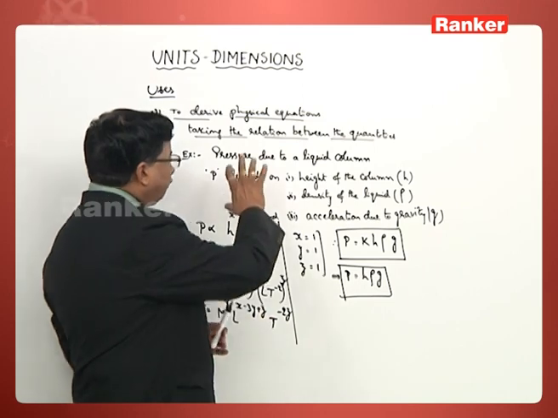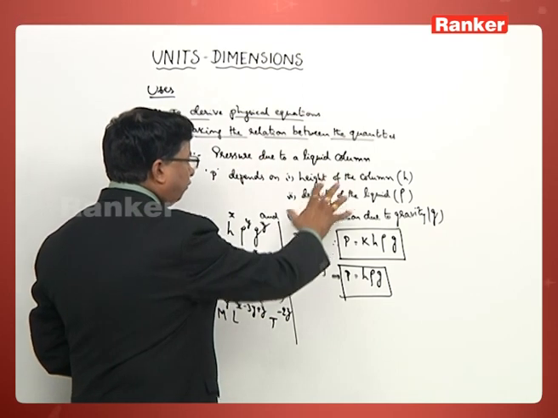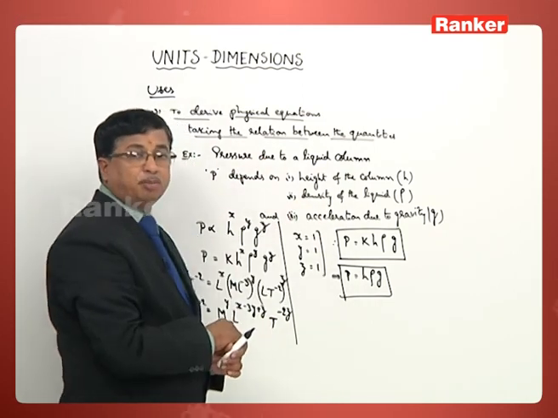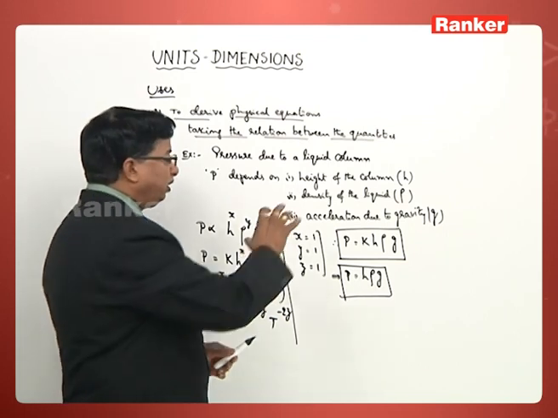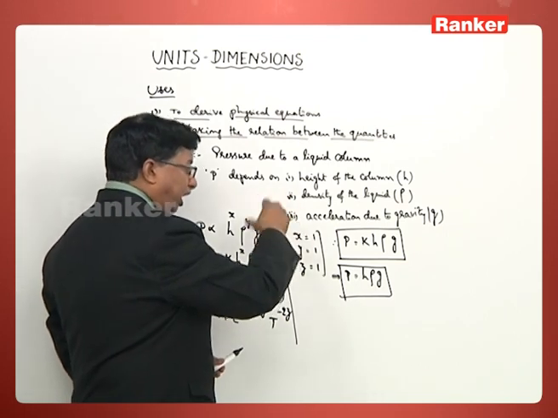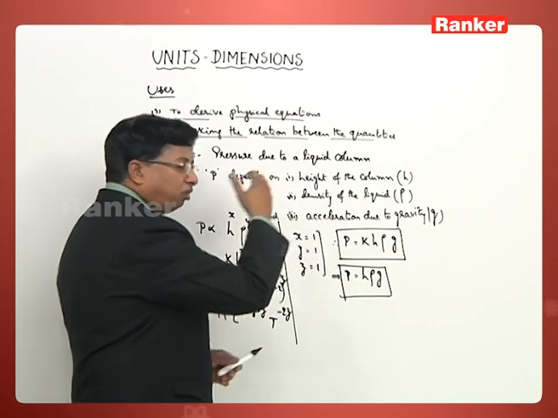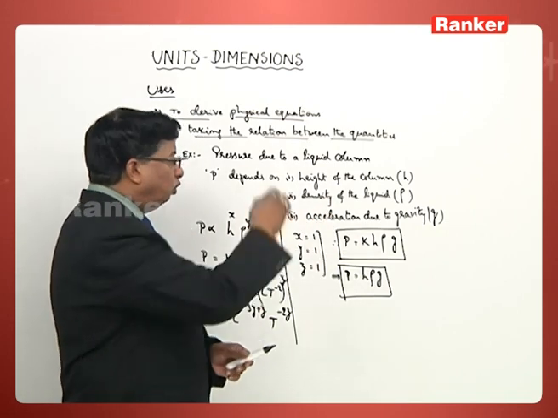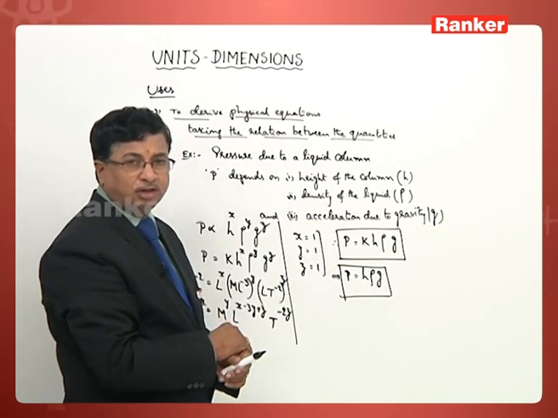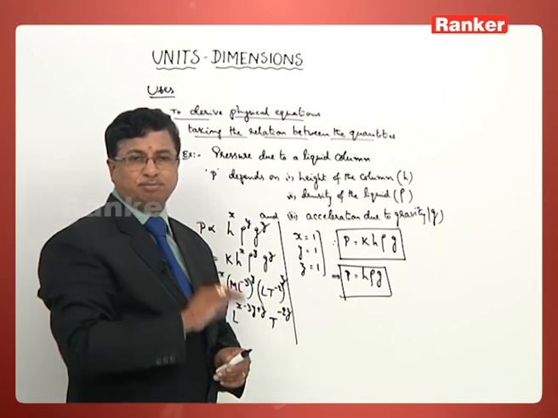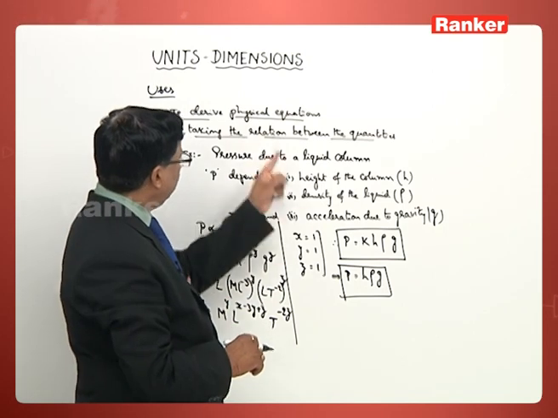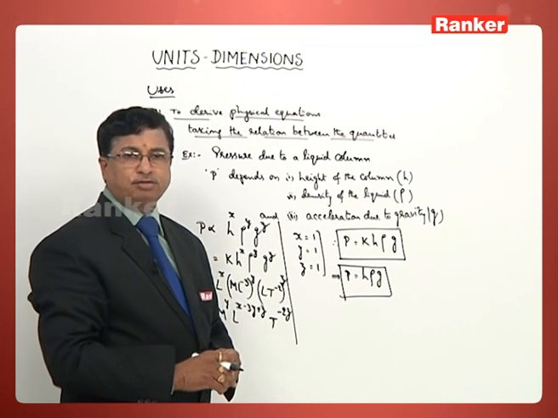So, by just taking the relation between the physical quantities mentioned in the problem, one can directly arrive at the relation between those quantities using dimensional methods. That is actually the third use of dimensions.